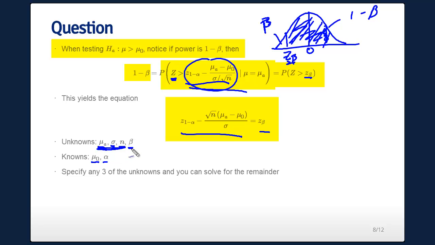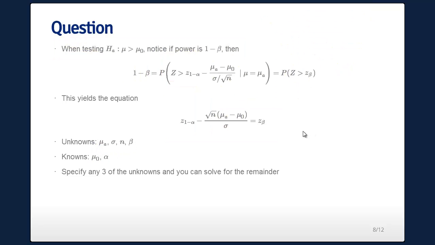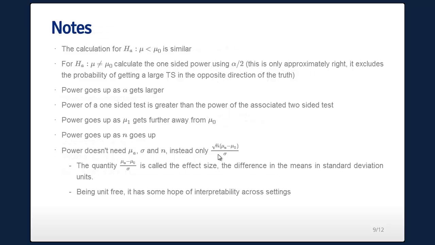Or given my power, my n and my sigma, what's the smallest alternative mean that I can detect? Given any three of these, you can solve for the remainder. That's the point I'm trying to make using this equation.